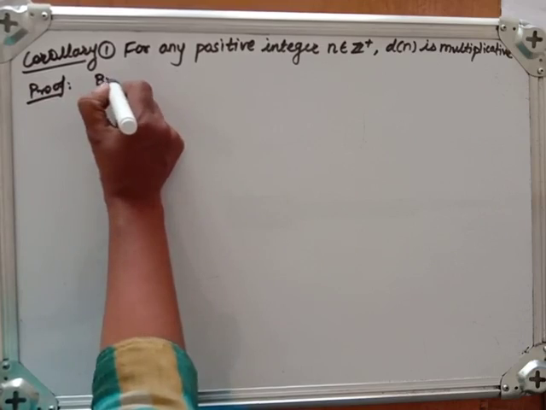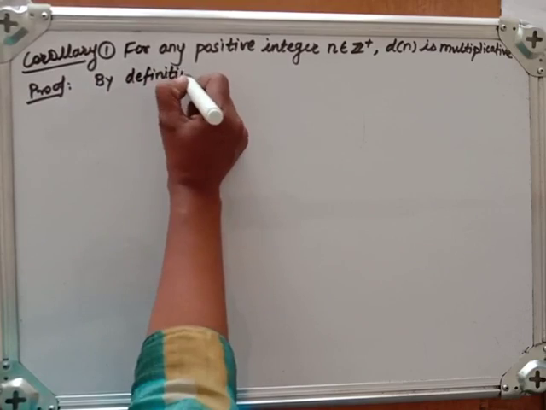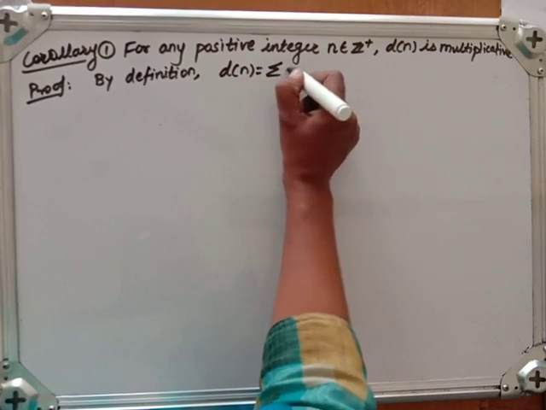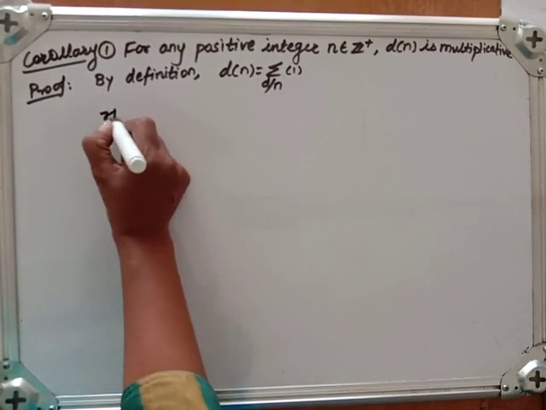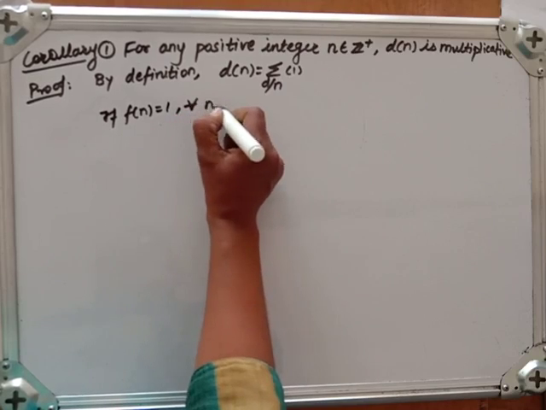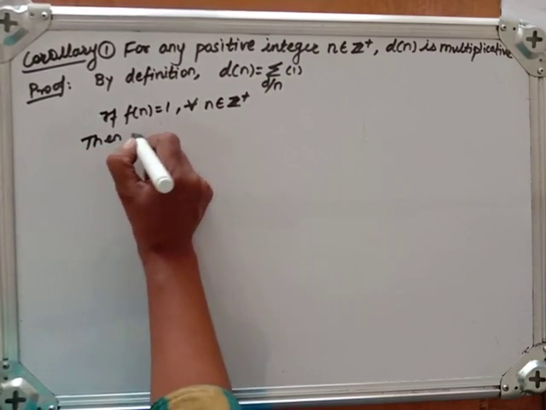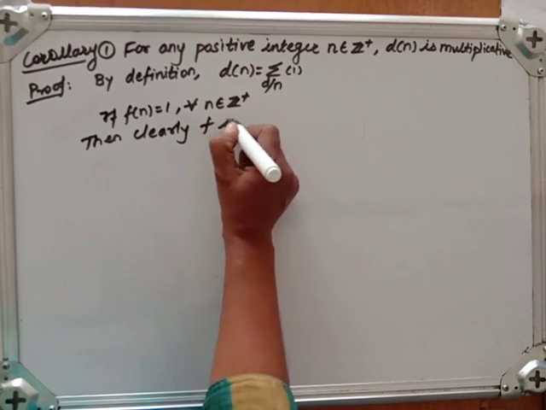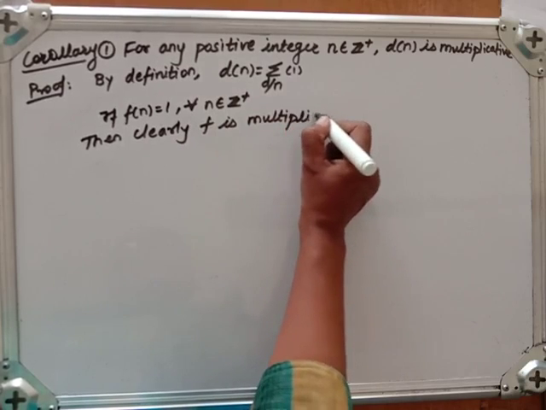By definition, d of n is equal to summation 1, d divides n. If f of n is equal to 1 for all n belongs to Z plus, then clearly f is multiplicative.